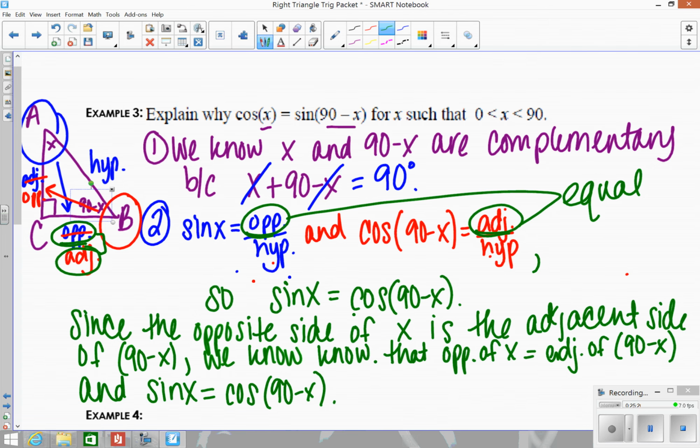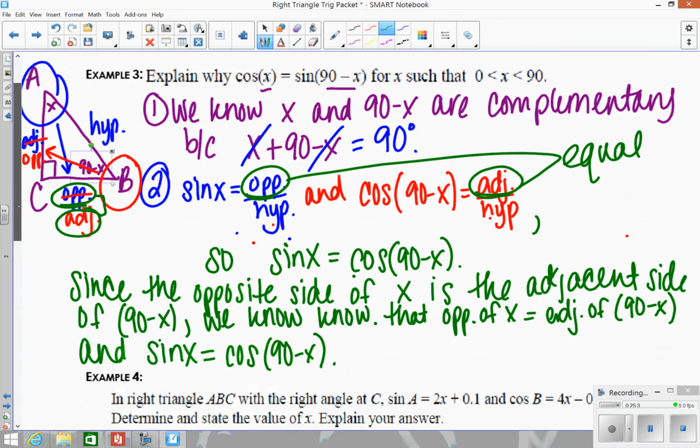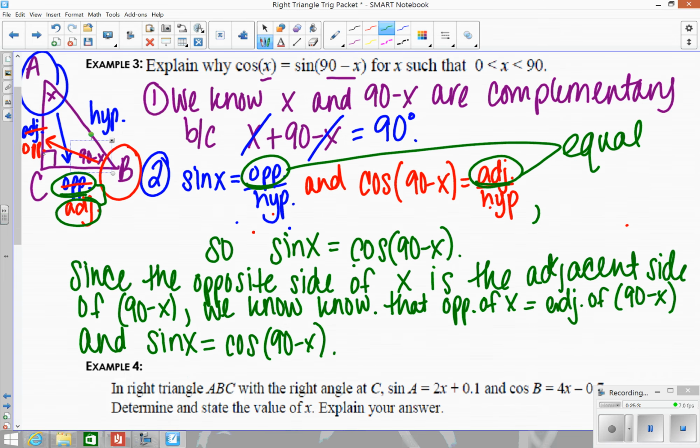The second version is basically the same exact reason, but we start with cosine of x, and we show that it's equal to sine of 90 minus x. So basically I could have said over here, start with x and say that the adjacent is equal to the opposite of 90 minus x.